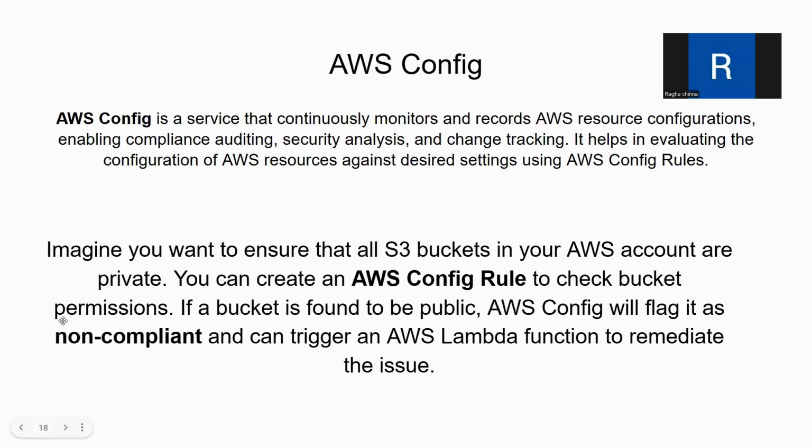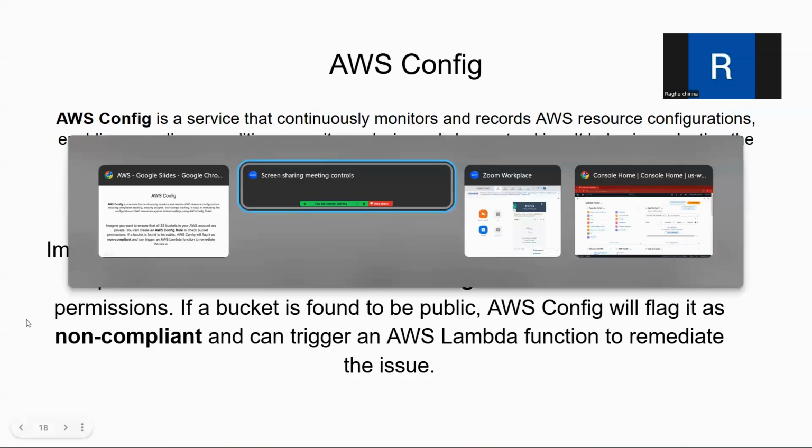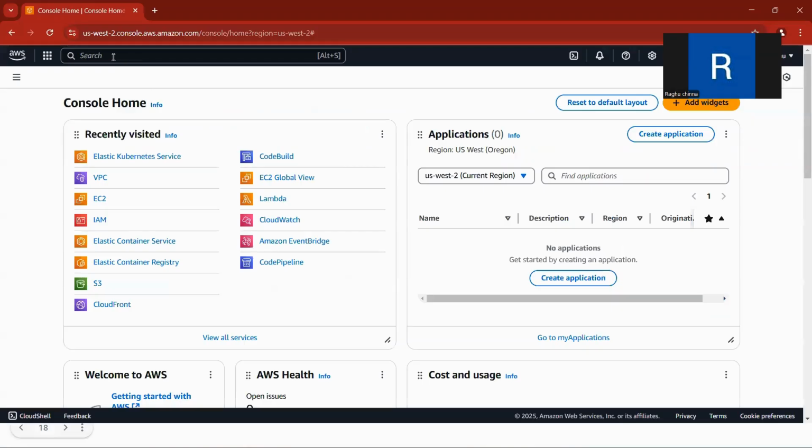In the same way, we can also make the rules using AWS Config on an AWS account for all the resources. So that is very simple. This is about AWS Config in simple terminology. We can also check how we can create the config rules.